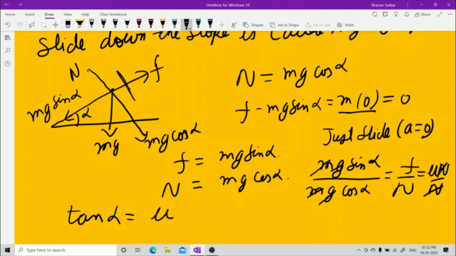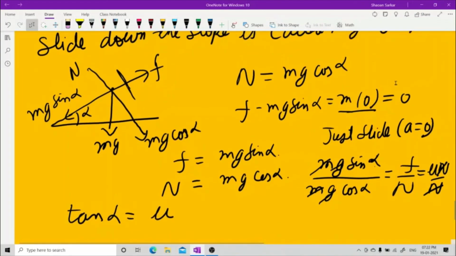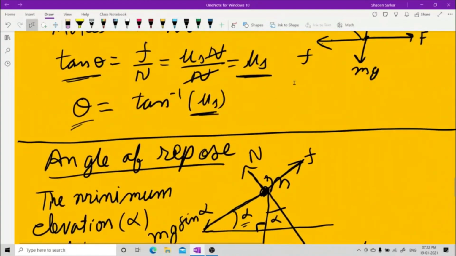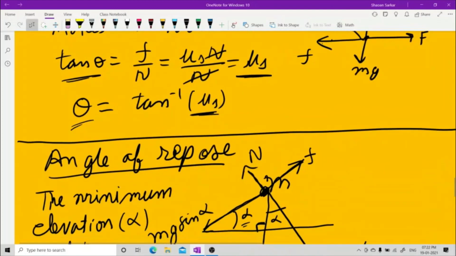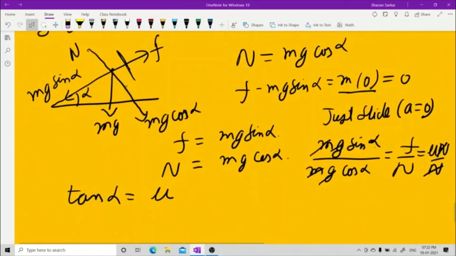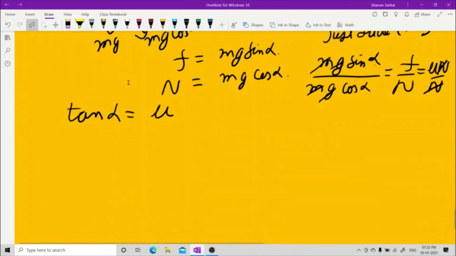And right now we saw what mu was. Mu we saw as tan theta. So I will be using this expression here: mu from the above expression is tan theta. So now you have alpha equal to theta.